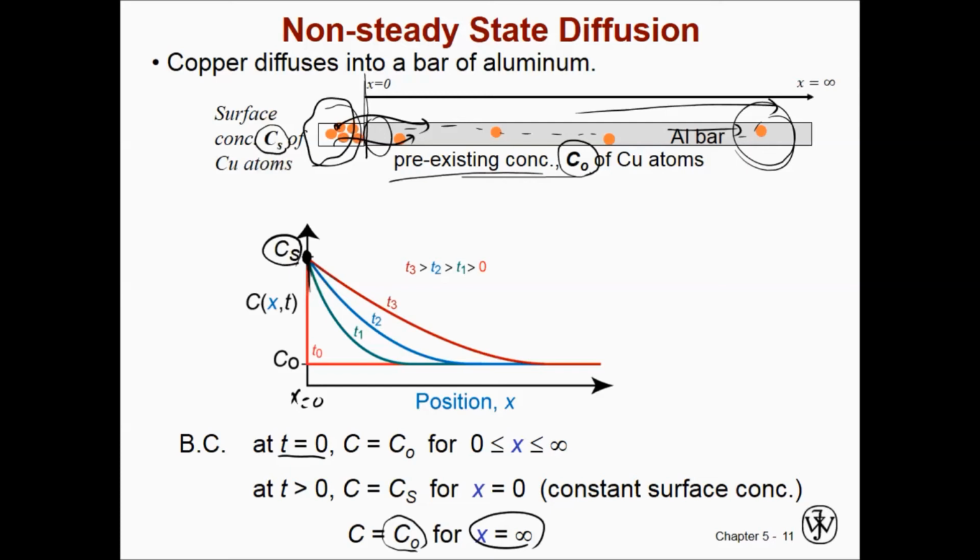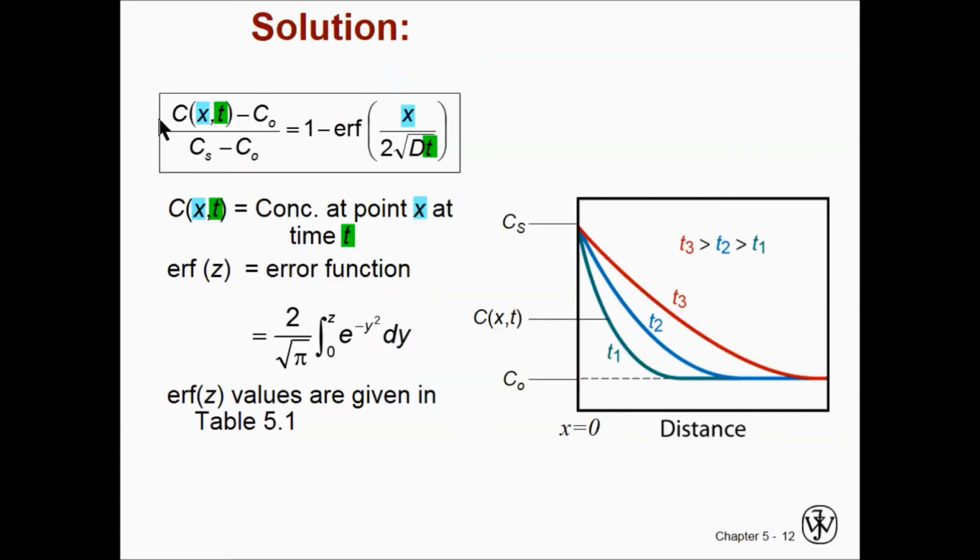When we apply these conditions, the equation will simplify to this one over here. So what do I have here? This one is C0, the initial concentration of the diffusing species. I will use copper for the diffusing species, so it's easier for me to say.